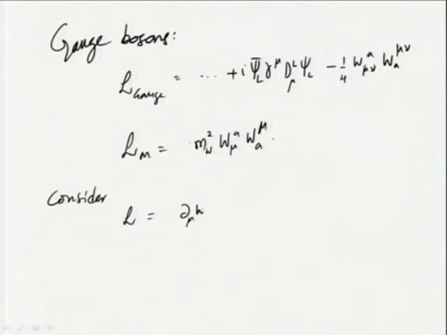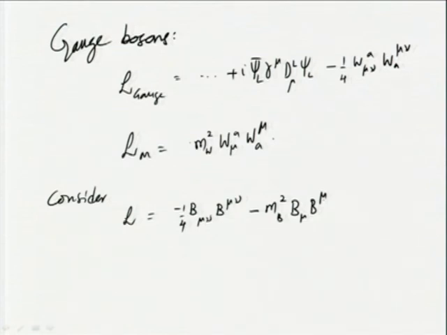Dou mu W minus 1/4 F mu nu F mu nu. For simplicity, we will take a non-abelian kind of this thing, or let us take a B mu nu, which is immediately familiar to us. Plus M_B square B mu B mu.